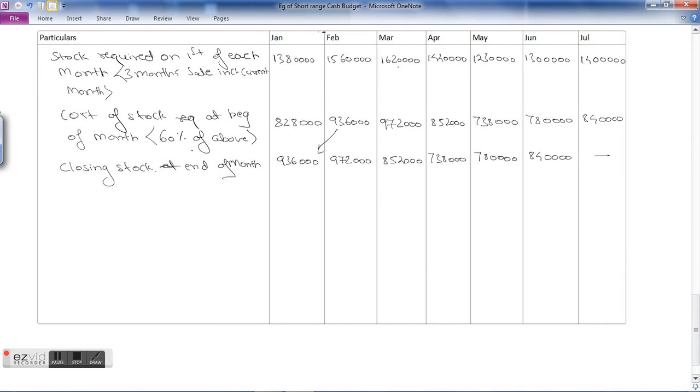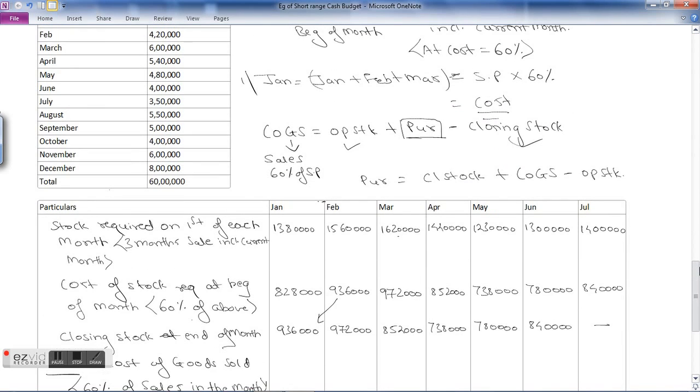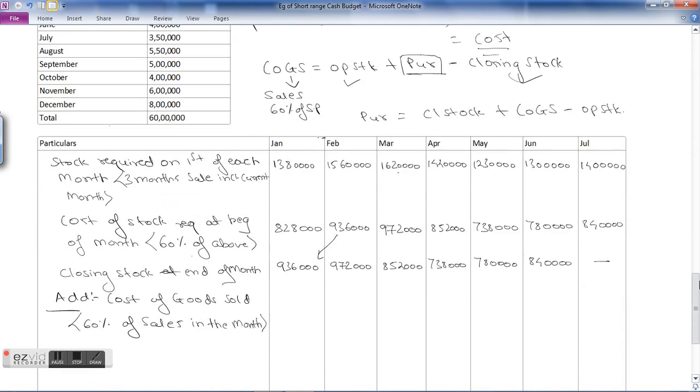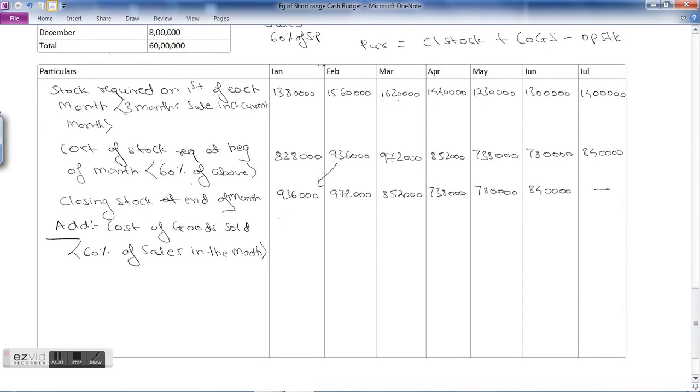Now what I'll do is add cost of goods sold, that is nothing but 60% of your sales in the month, correct? 60% of sales in the month. So cost of goods sold will be, see, for the month of Jan it will be 3,60,000 into 60%, so that comes to 2,16,000.